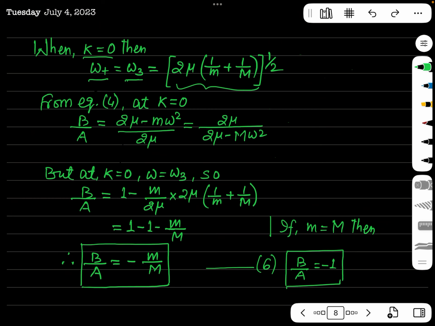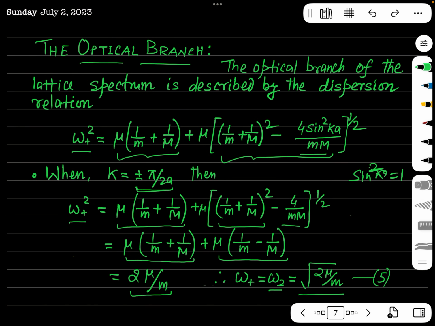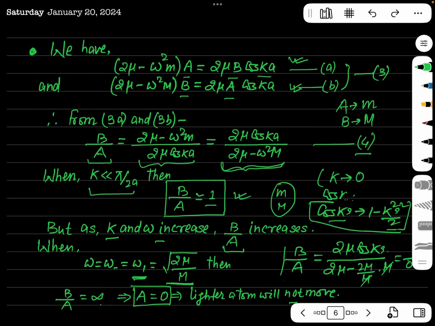Now, when k is equal to 0, what will be this ratio b over a at k equal to 0? You can see the expression for b over a in this equation 4, but here we are going to find the value of b over a when k is 0.